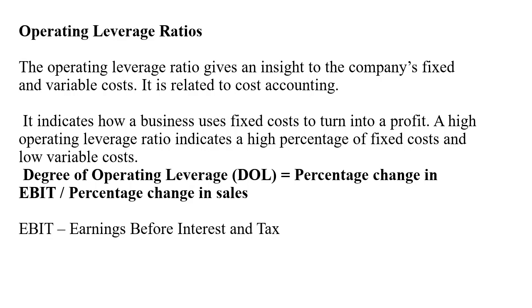A high operating leverage ratio indicates a high percentage of fixed costs and low variable costs. Degree of operating leverage, DOL, equals percentage change in EBIT divided by percentage change in sales. EBIT refers to earnings before interest and tax.